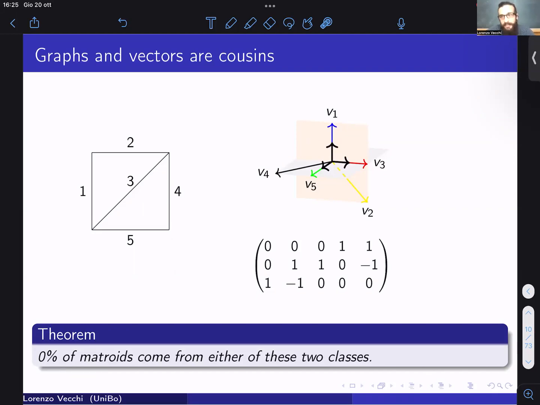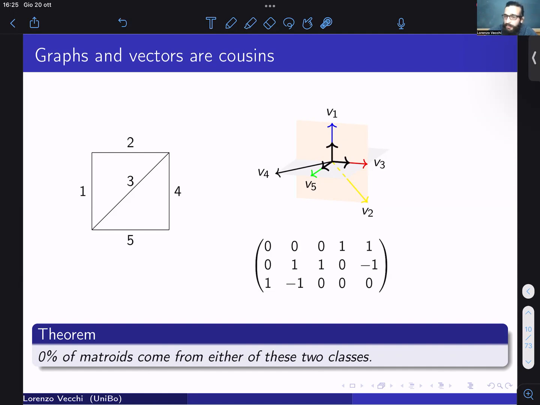So this means that if I fix the size of the ground set, and then I pick at random a matroid with ground set of that size, I have a certain probability of picking a matroid that is realizable. And as the size of the ground set approaches infinity, this probability goes to 0. So asymptotically, no matroid looks like vectors from vector spaces.